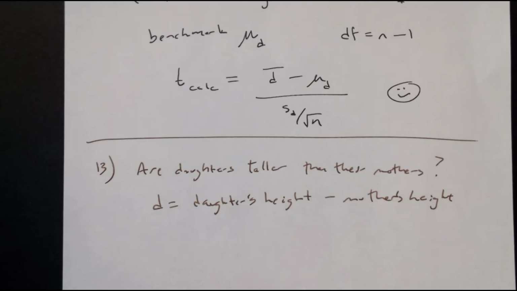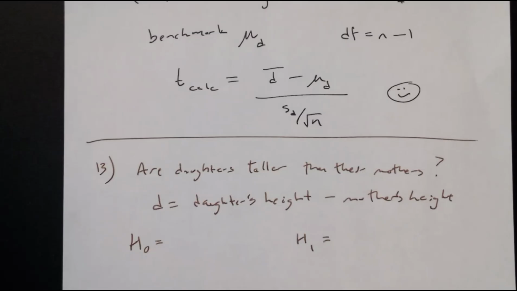That tells me this difference should be what for our alternate hypothesis? If I don't have a hypothesis, I can test all day long. I don't know what I'm testing. So what am I testing? If the height is bigger for the daughters than the mothers.